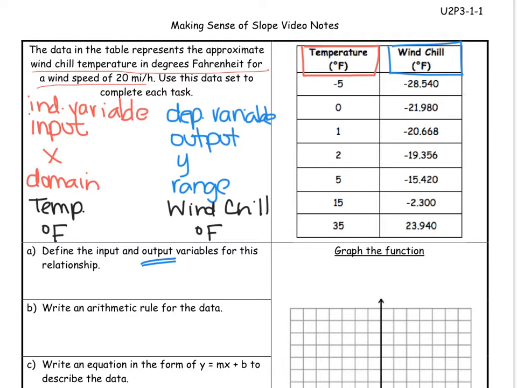So we defined our input as the temperature in degrees Fahrenheit, and we defined our output as the wind chill in degrees Fahrenheit. So now we want to write an arithmetic rule for this sequence. When we're looking at an arithmetic rule, we're looking for terms in a sequence.